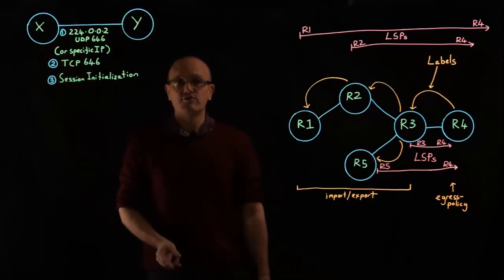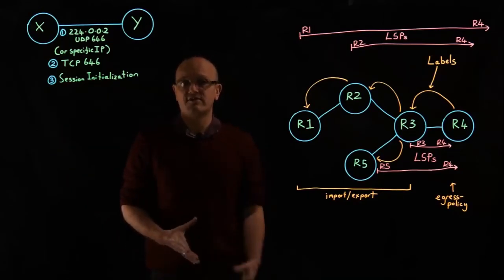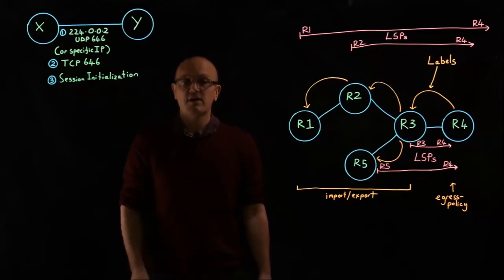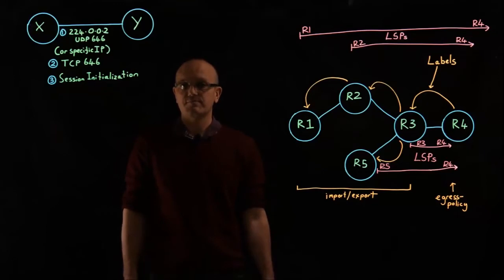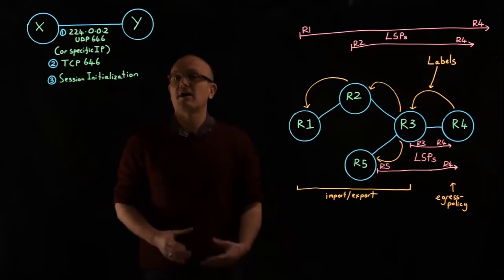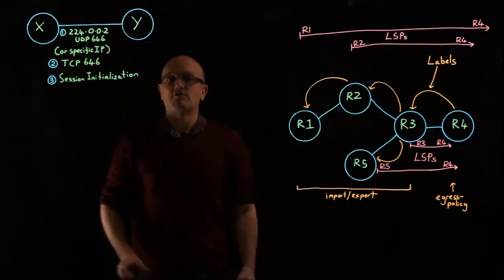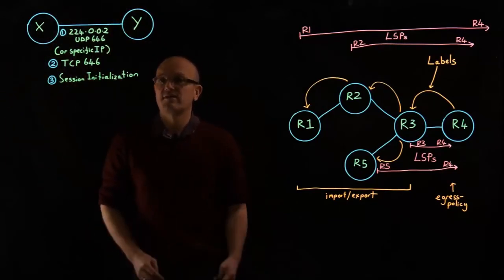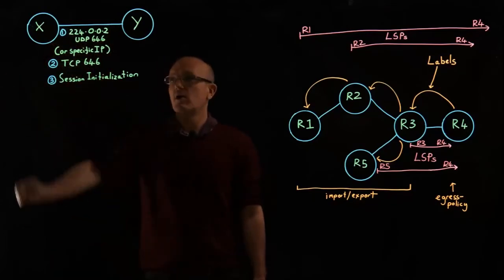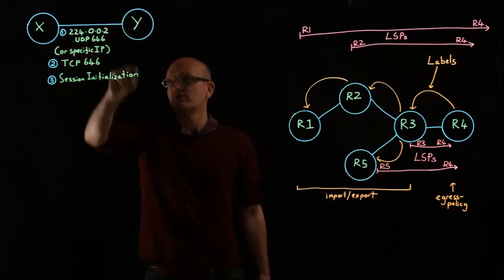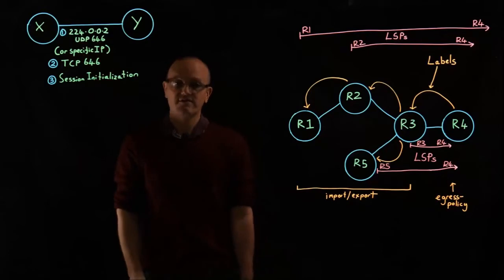All you need to do to enable LDP is enable MPLS on the interfaces that you want to run LDP over, and specify those interfaces under protocols LDP. We haven't specified any IP addressing in this, and so the first stage of LDP session establishment is called basic discovery, and we're using a multicast address of 224.0.0.2, and we're using the UDP protocol port 646.